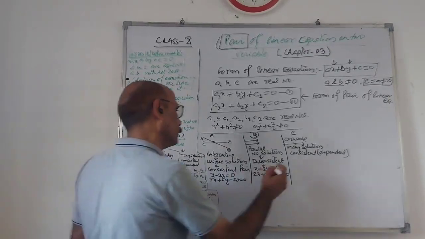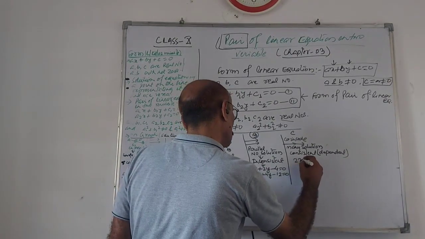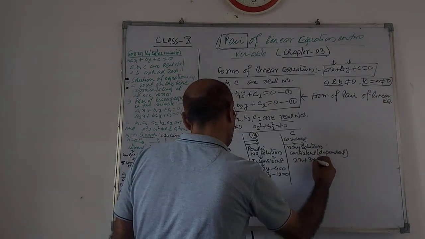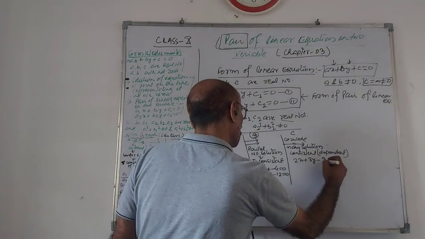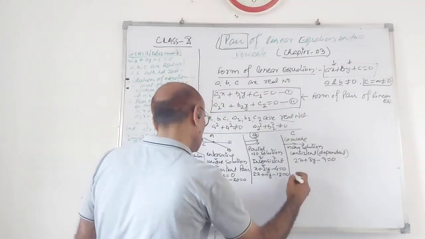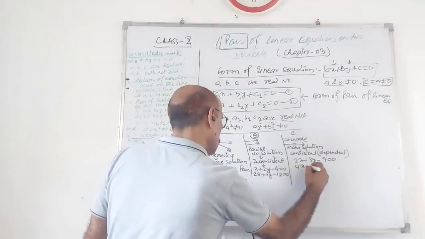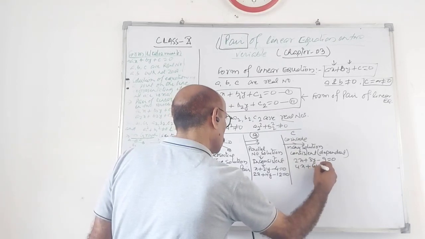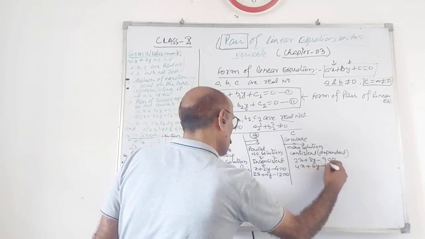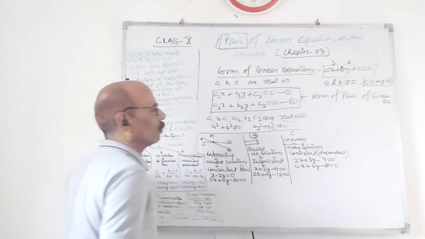Example: suppose 2x plus 3y minus 9 is equal to 0, another is 4x plus 6y minus 18 is equal to 0.